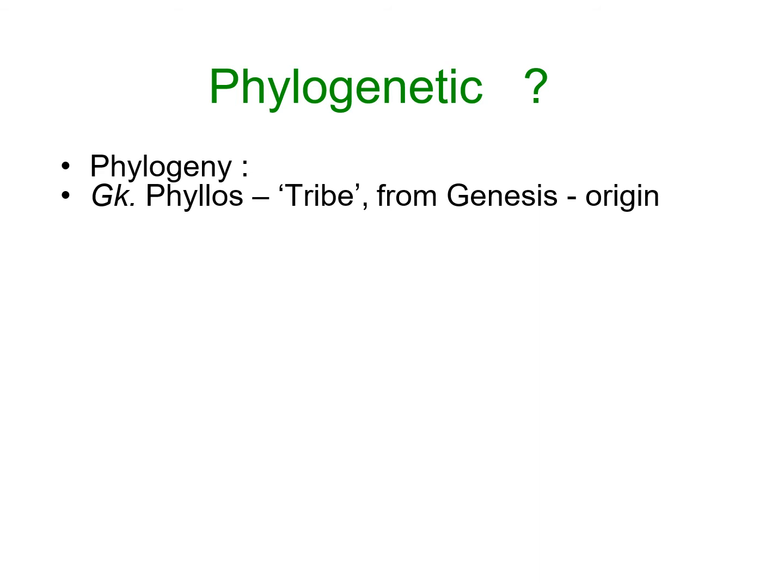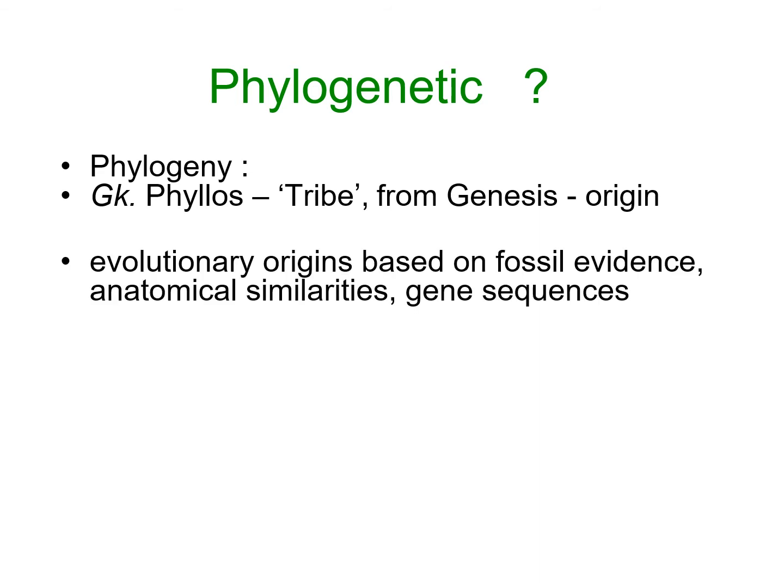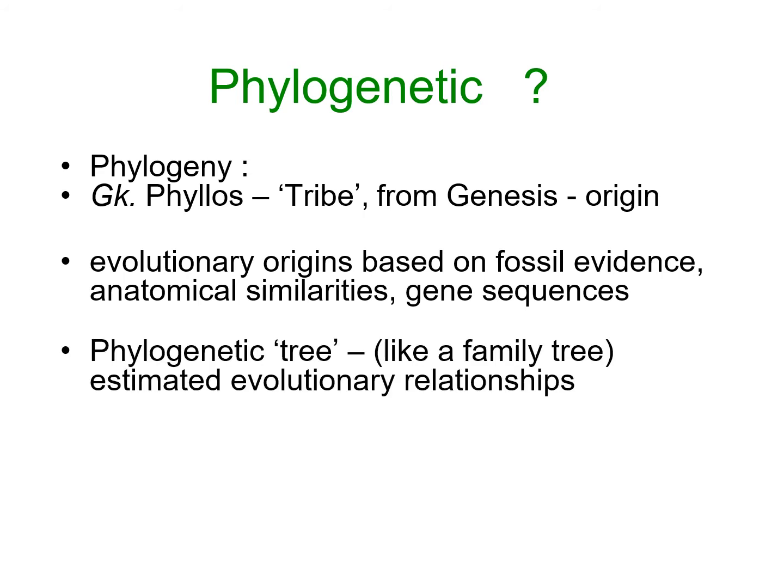How did they originate from each other? So this really describes evolutionary origins based on a whole range of different characteristics where we think we can see similarities between groups. This used to be purely fossil evidence and anatomical similarities. Increasingly, we're using molecular or gene sequences to determine relationships and relatedness between organisms.